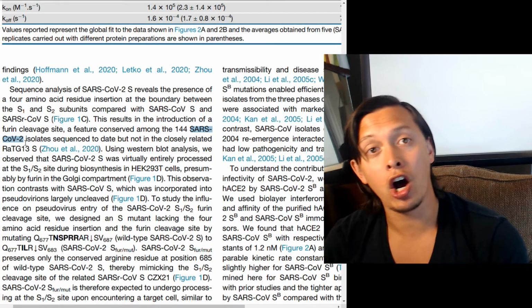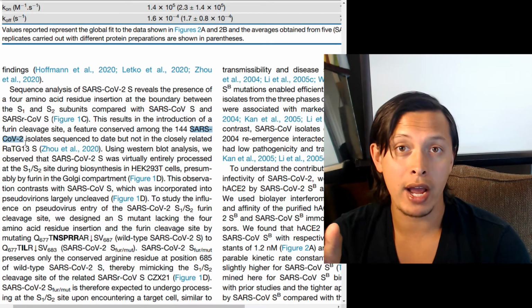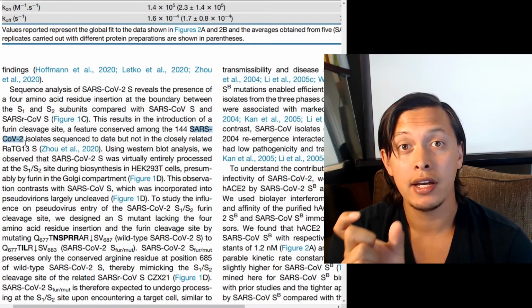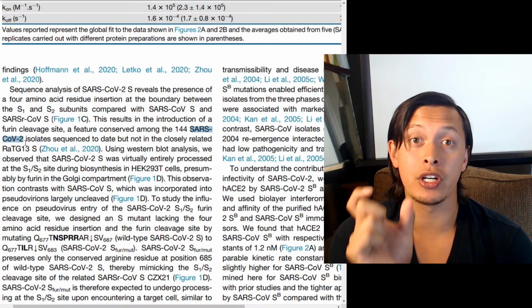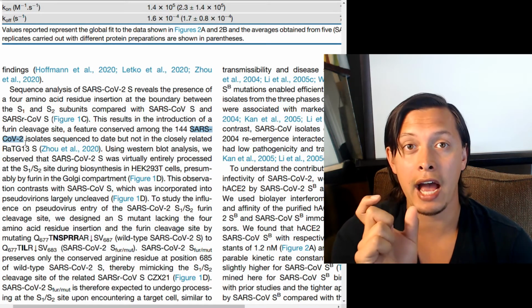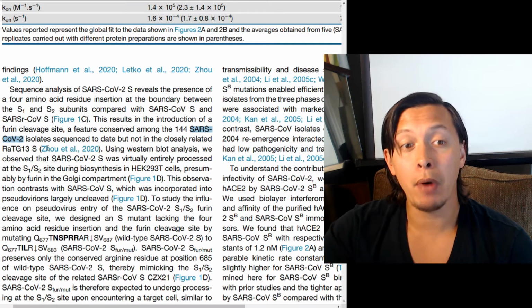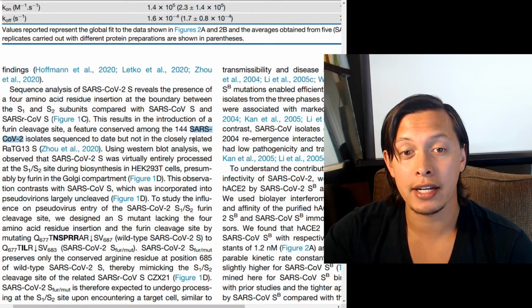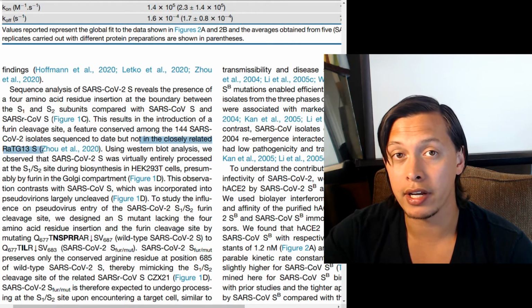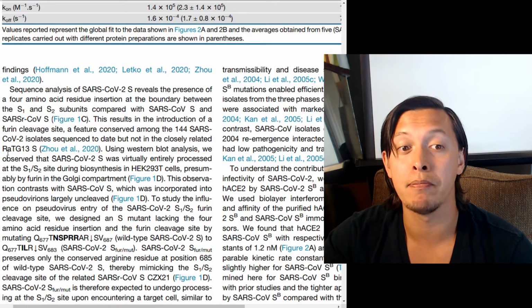In all of the ones that we've sequenced as of yet, this 4 amino acid sequence has been conserved. So you can find it in every single SARS-CoV-2 that we've sequenced. They have this furin polybasic cleavage site, but this site is not in the closely related spike proteins of the bat coronaviruses.